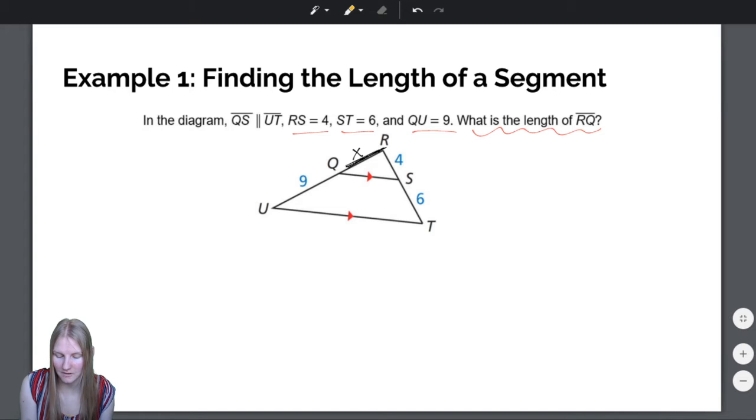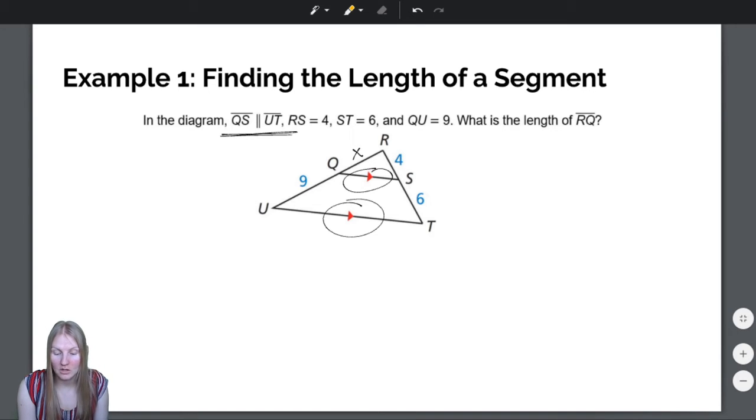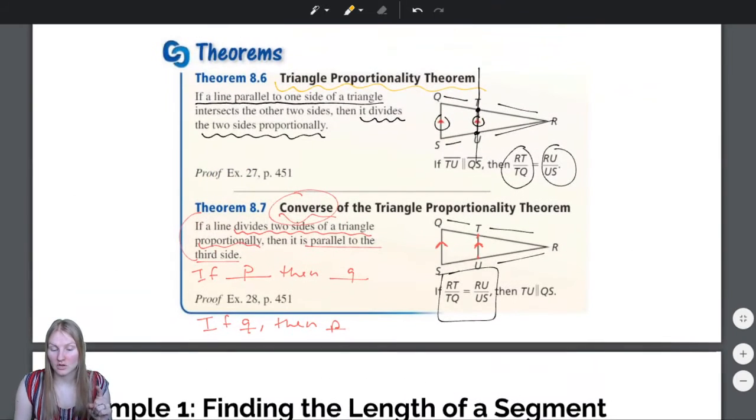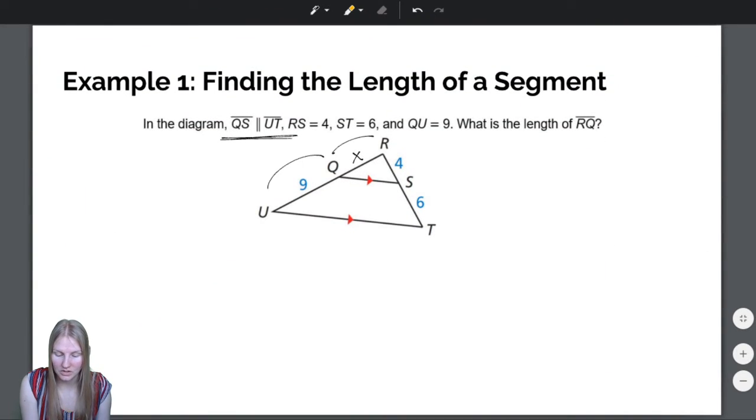RQ is what we're trying to find. So let's name it X, because we don't know what it is. We're trying to find it. We'll call it X. Now, we know that QS is parallel to the third side of the triangle. This means that by the triangle proportionality theorem, because they are parallel, the ratios of the length of one side of the triangle must be equal to the ratios of the other side of the triangle.